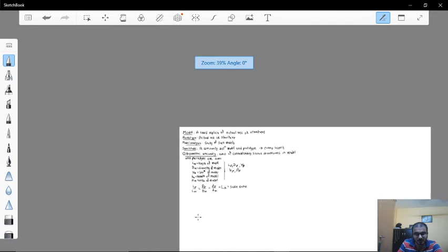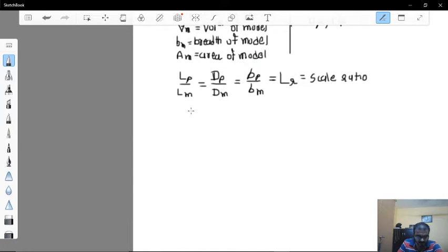Then we can also write down for area ratio, that is AP upon AM is equal to LP into BP divided by LM into BM. So that is going to be LR square.